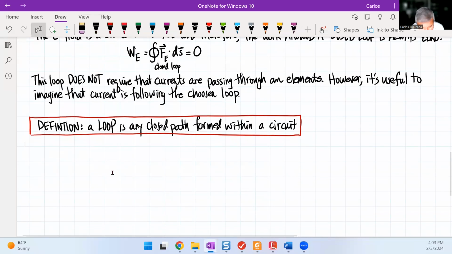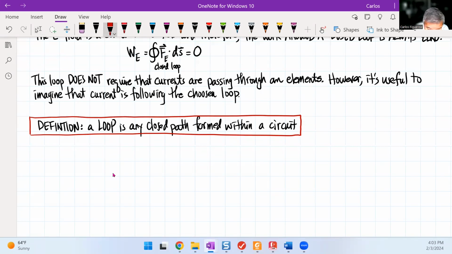So let's look at an example to count the possible loops here. So it becomes super important to be able to count the number of loops. So here's our example.